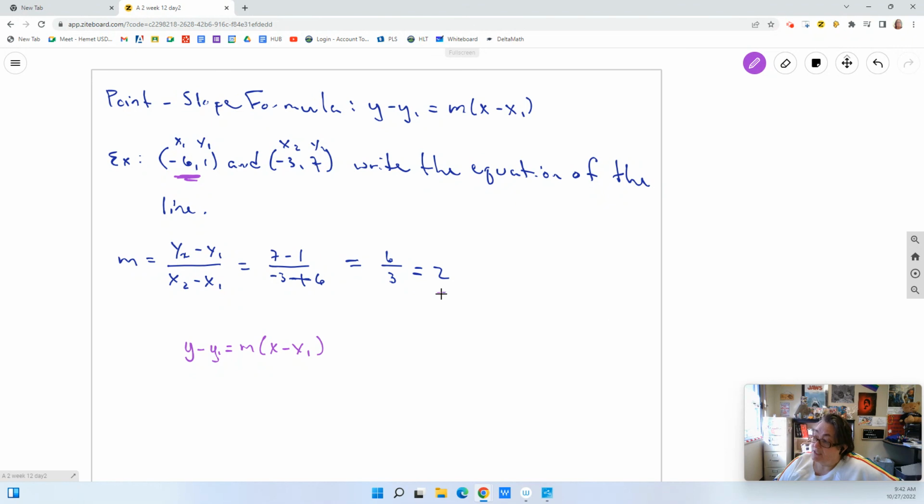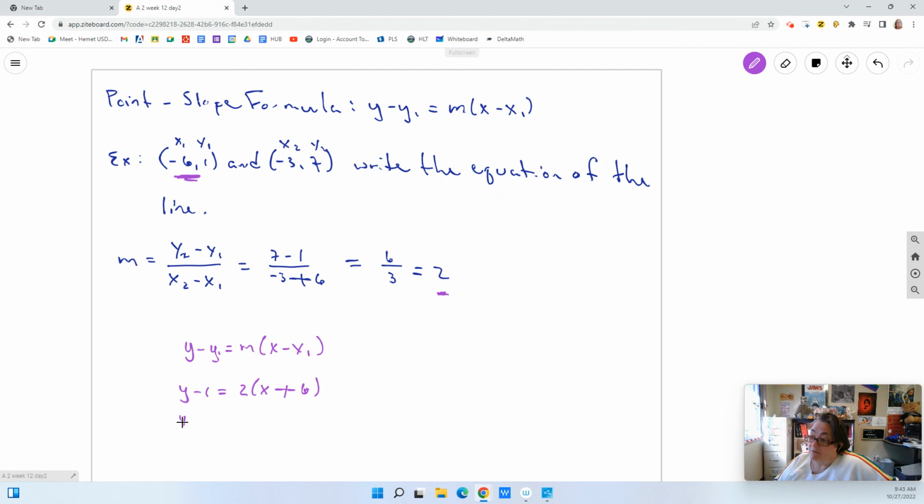And we know what our slope is now, so it's just 2. So I'm going to go y minus y1, well, that's just 1, equals m, which we know is 2, times x minus x1. And our x1 is negative 6. And when I put these two together, it becomes a plus. And now I can go ahead and just do my distribution and solve for y.